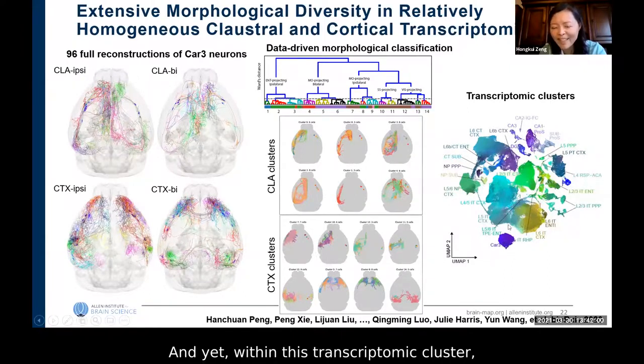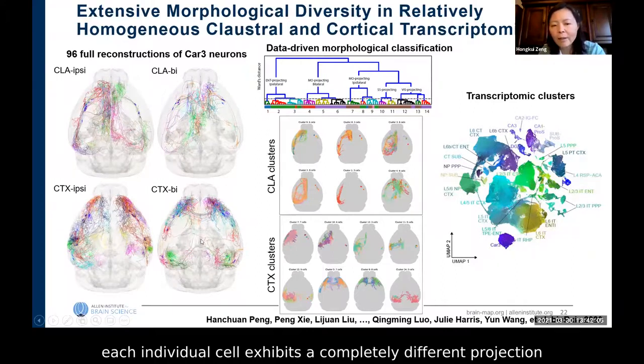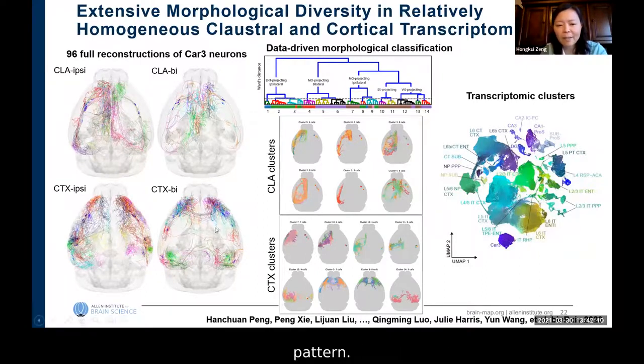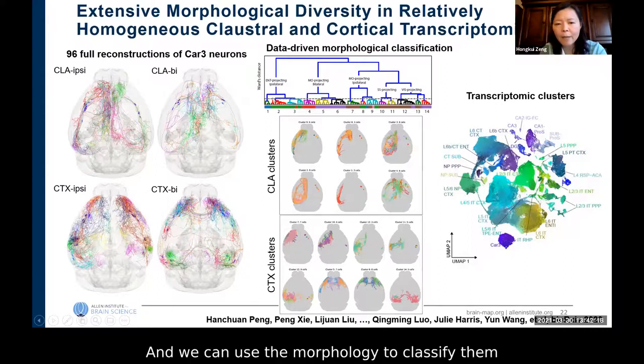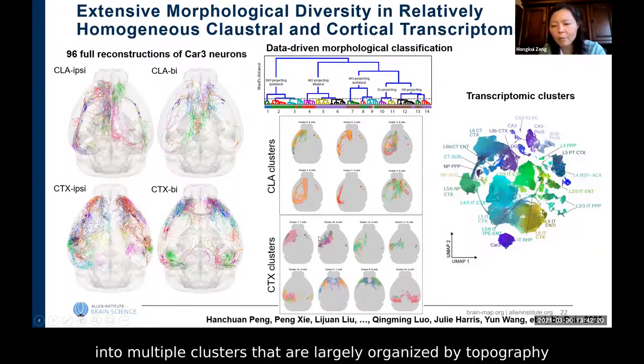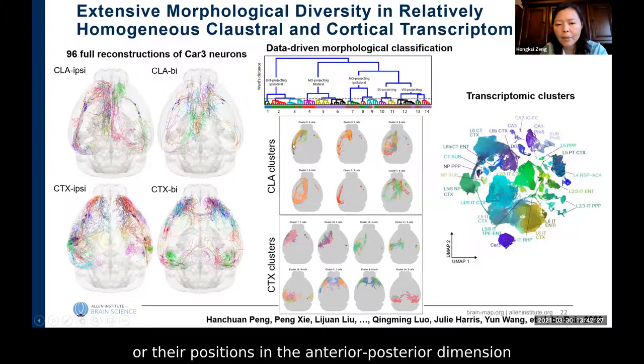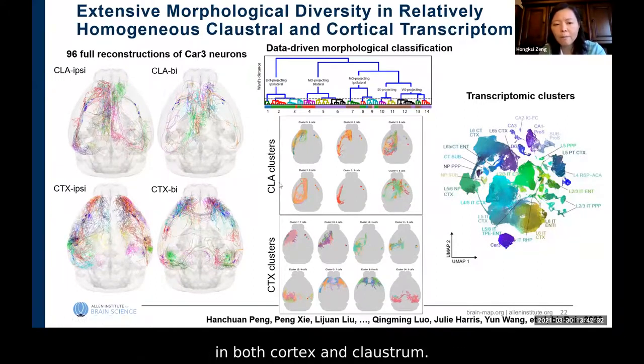And yet within this transcriptomic cluster, each individual cell exhibits a completely different projection pattern. There's a tremendous diversity in the individual cell projection patterns and morphologies, and we can use the morphology to classify them into multiple clusters that are largely organized by topography, or their positions in the anterior-posterior dimension in both cortex and claustrum.